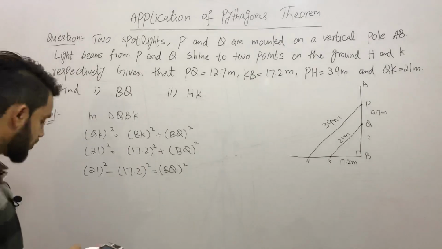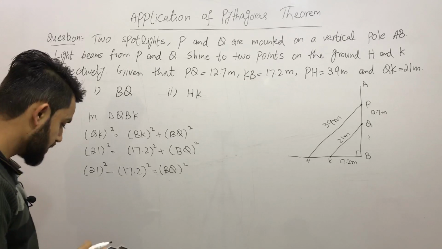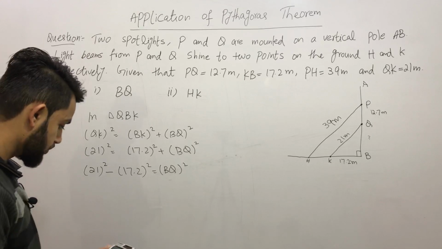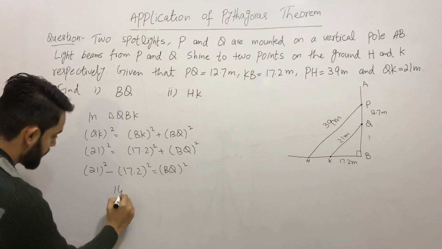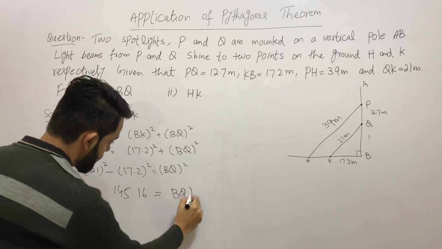Okay, let's solve this. 21 square minus, you can write all that expression in one go. It's going to give you 145.16, which is basically your BQ square.